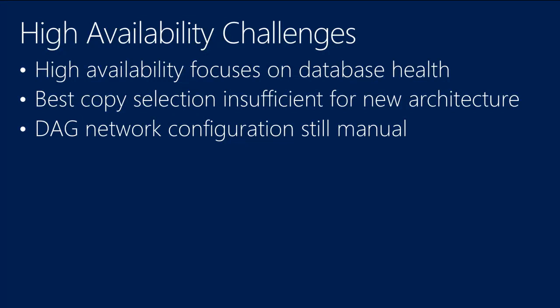The database, the content index, copy queue, replay queue, that's about it. But because of the architectural changes we made in 2013, that is no longer good enough for 2013. The way we do things now requires so much more than just a good database and a good content index to fail over to. So that's one of the challenges.